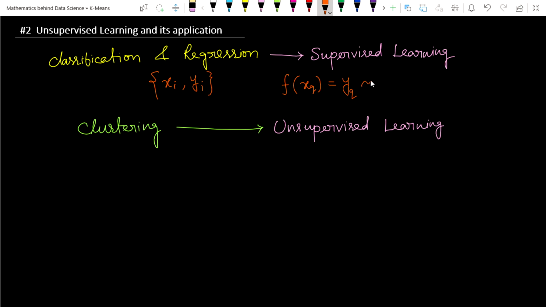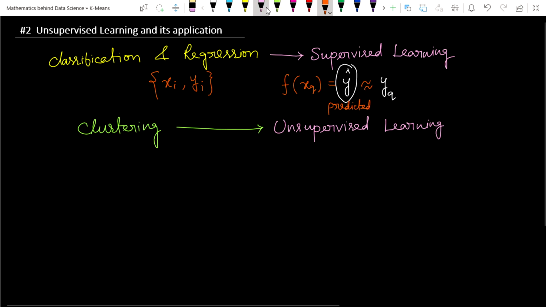This is the predicted output, y hat, and the original or actual output is yq.